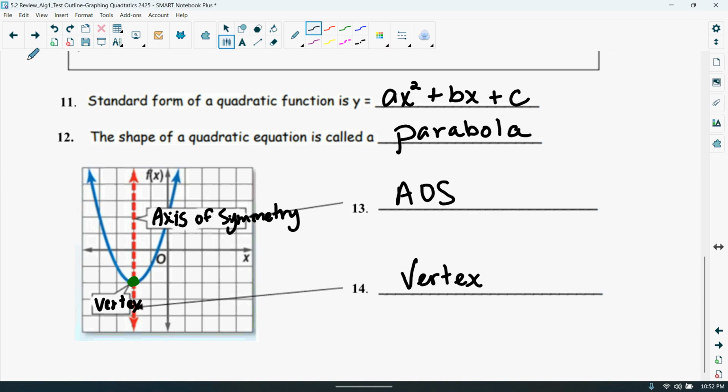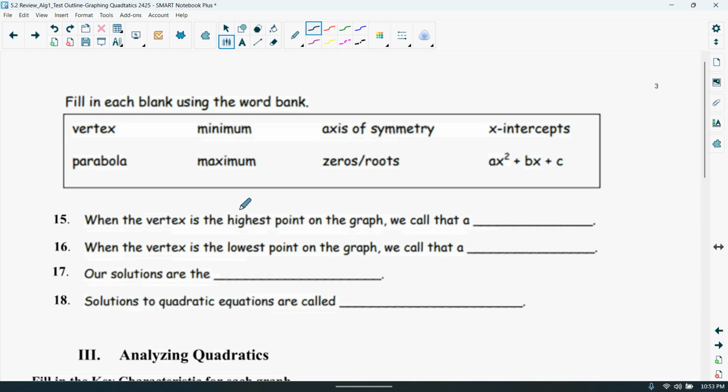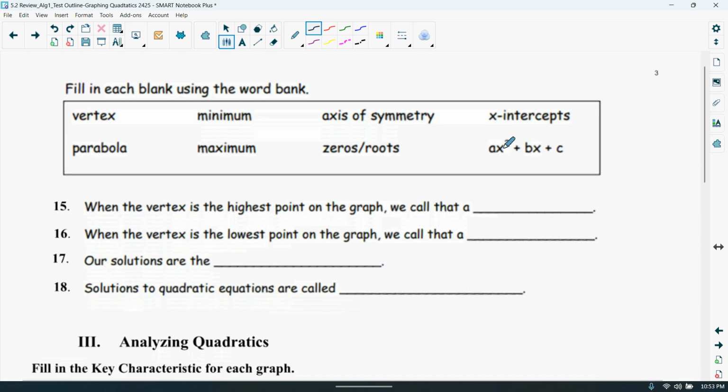Okay, so if you go to the next page, we've already used standard form, axis of symmetry, parabola, and vertex. When the vertex is the highest point of the graph, that is called a maximum. And when our vertex is the lowest point of the graph, it is a minimum.